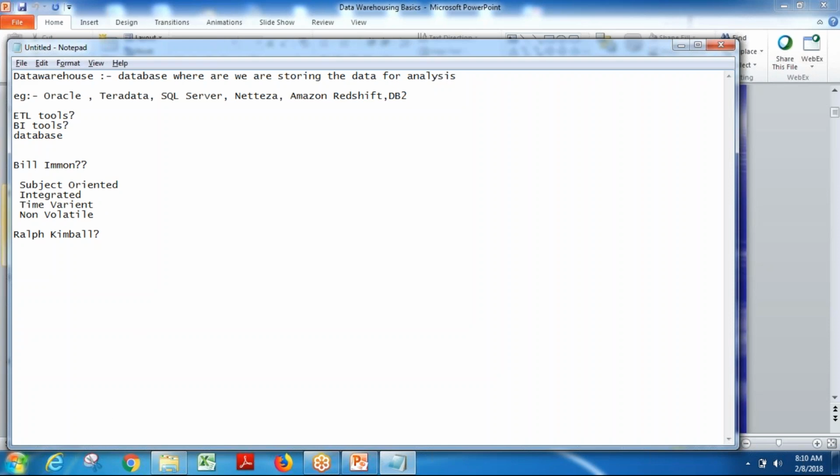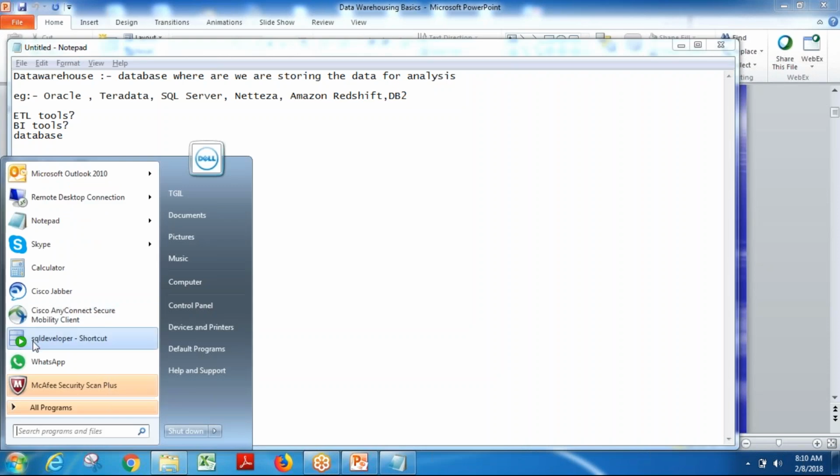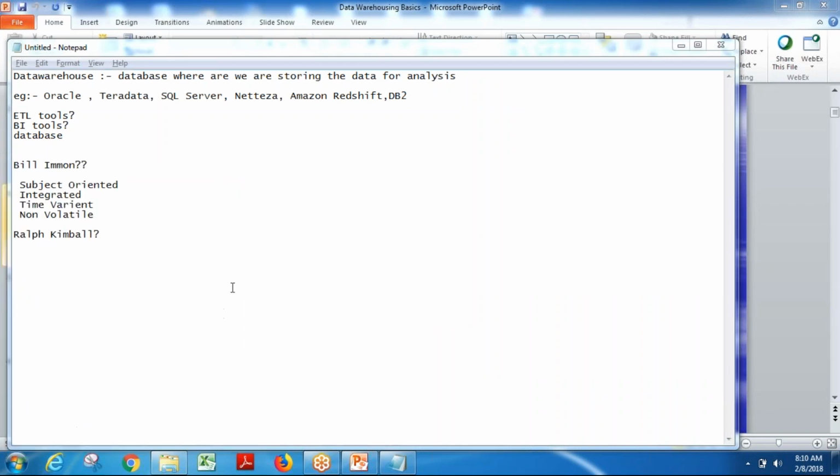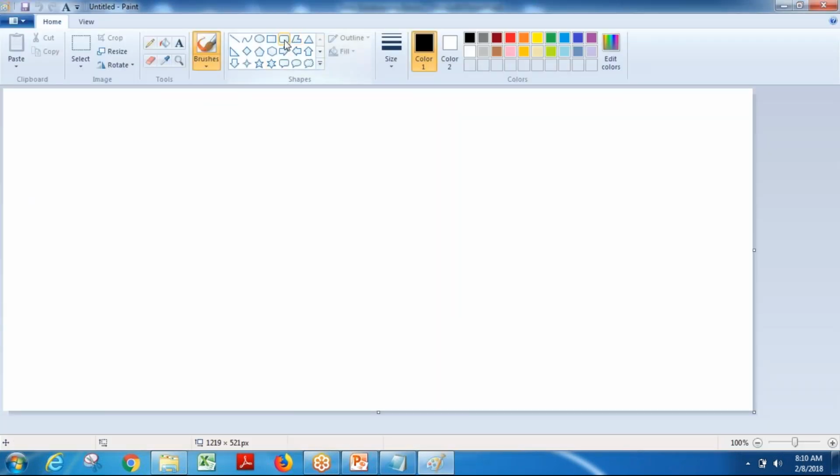So let me recall the example that we talked about yesterday in the demo class. There will be different transactional systems in an enterprise. I'll just redraw a similar kind of diagram.